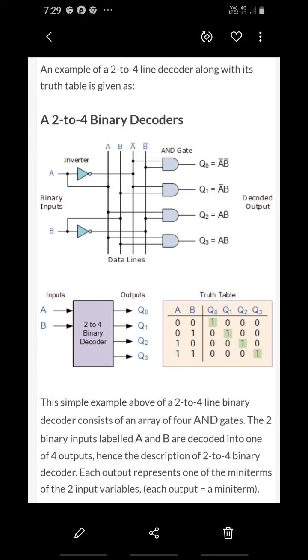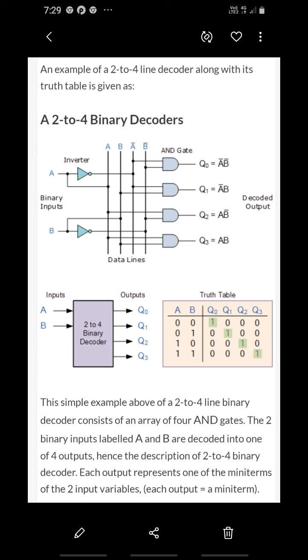The 2 binary inputs labeled A and B are decoded into one of 4 outputs, hence the description of a 2 to 4 binary decoder. Each output represents one of the minterms of the 2 input variables.